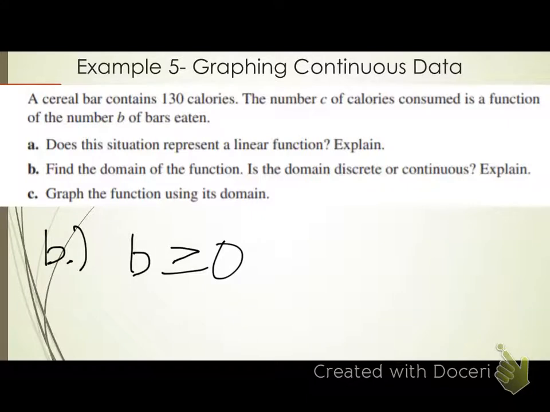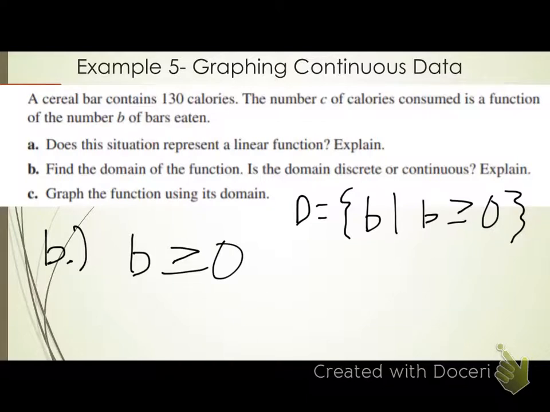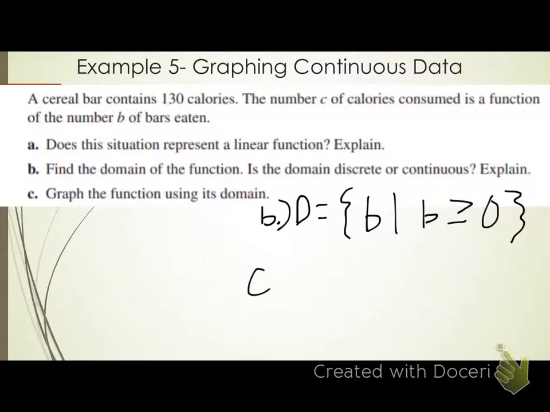I can eat 0 bars, or I can eat anything that's greater than 0. So my domain equals the set of all real numbers b, such that b is greater than or equal to 0. And like we said, since it can be any number that's greater than 0, it is a continuous domain.